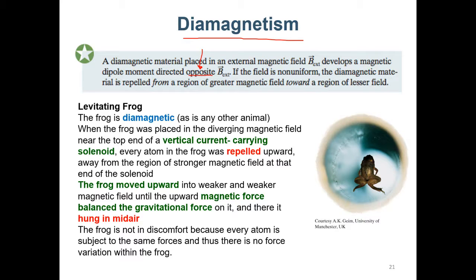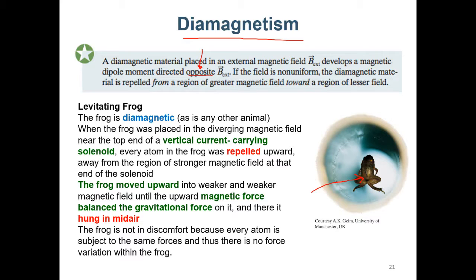Okay, so here is a frog, which is diamagnetic. And then this one is a solenoid, placed vertically, and you look at it from the top.